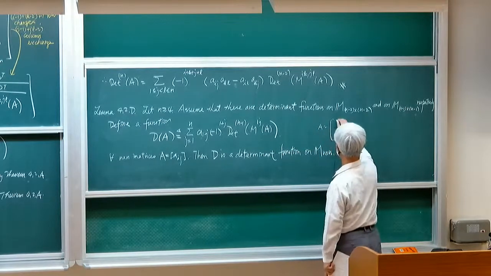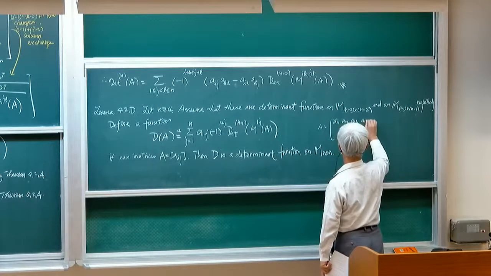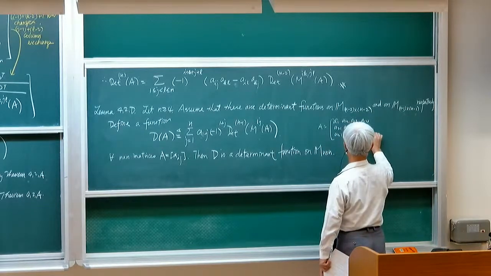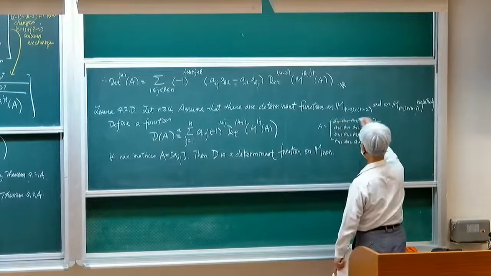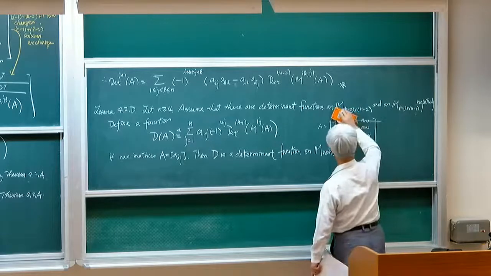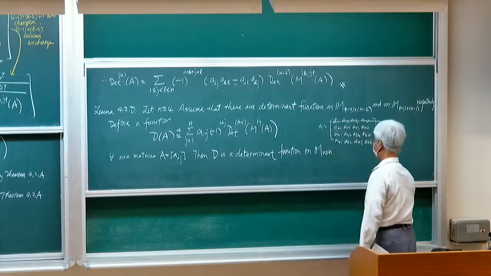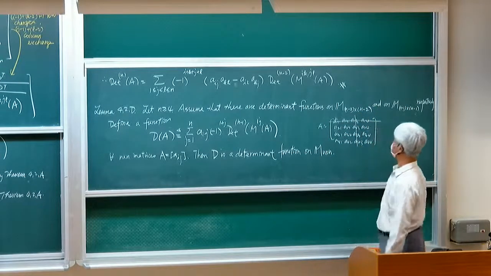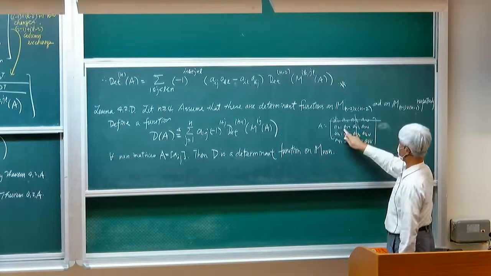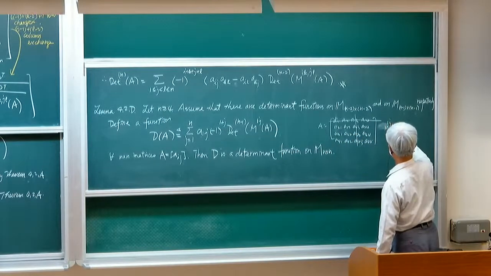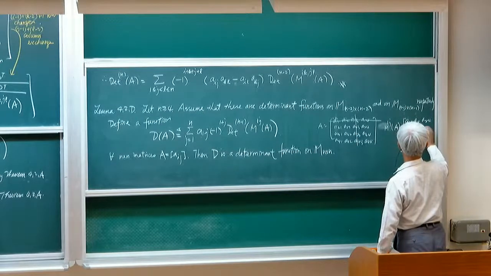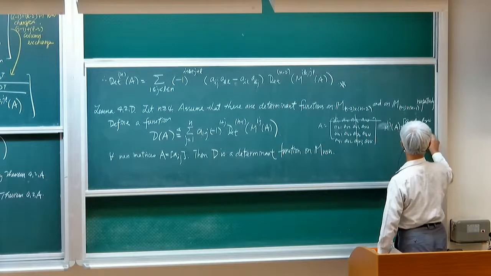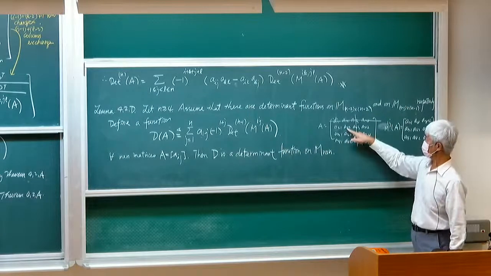For A, when you remove the first row and the jth column, the kth row, say the second row, becomes the first row.